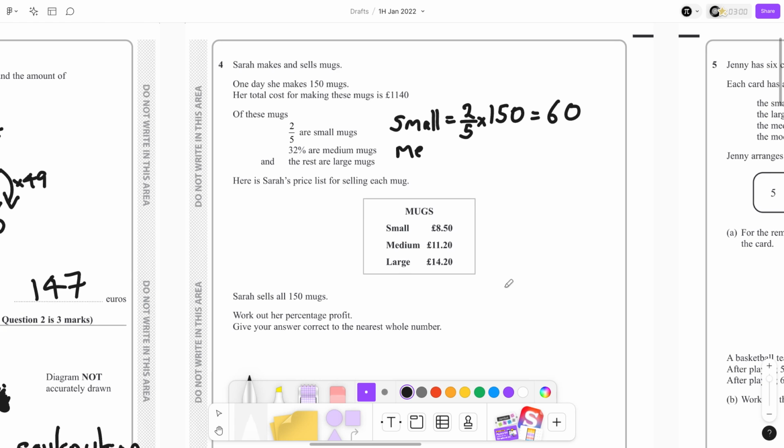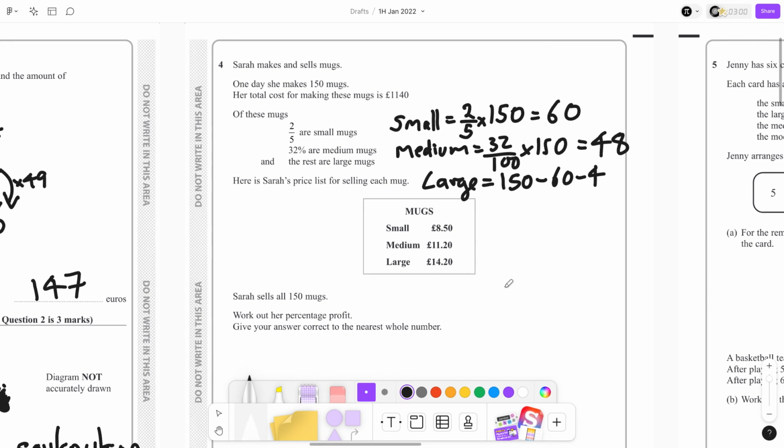The medium is 32%, which is 32 out of 100 times 150, which is 48, and the rest are large. Large, so 150 minus 60 minus 48, which is 42.